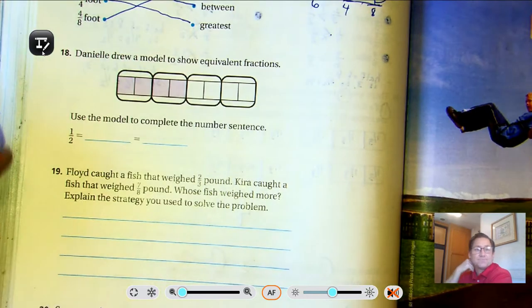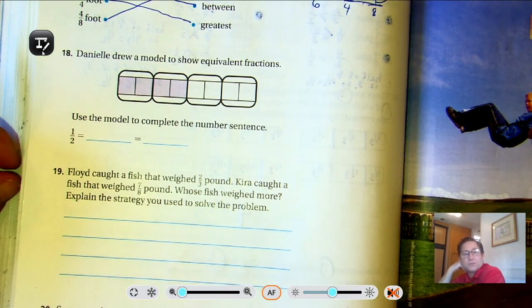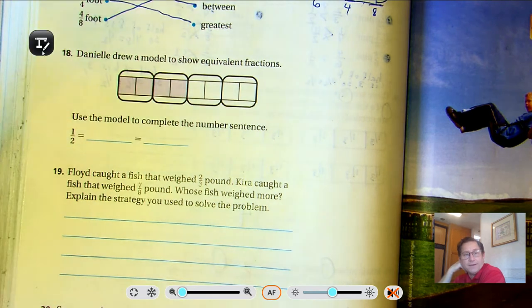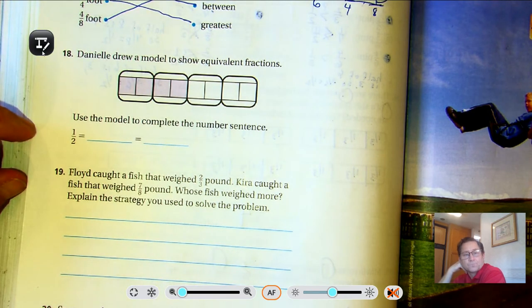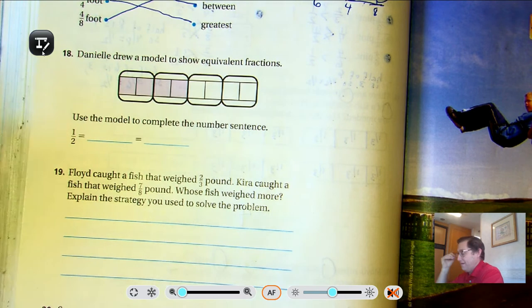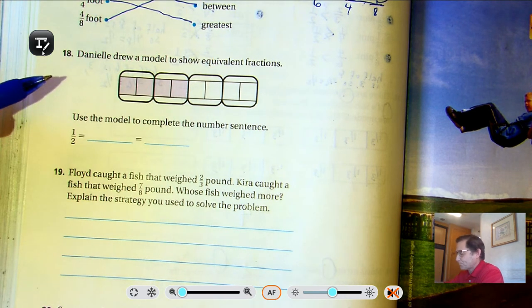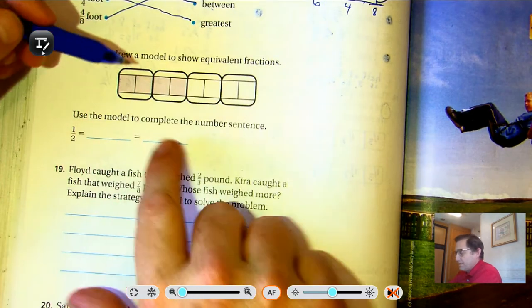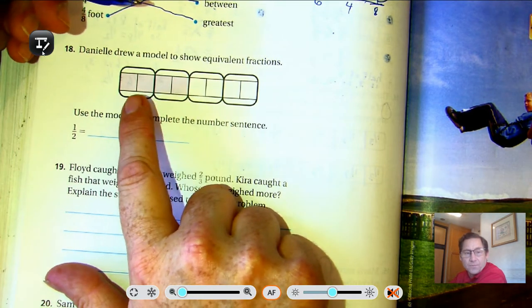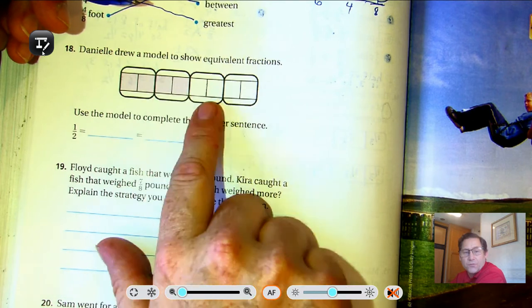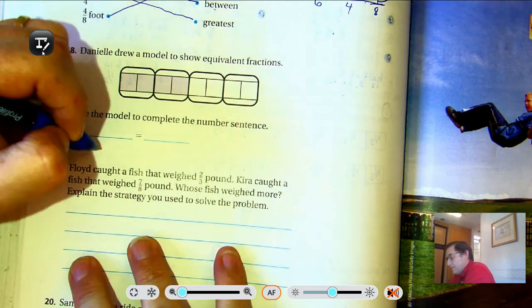All right, number 18. Danielle drew a model to show equivalent fractions. One half. Okay, let's look at the number of groups. 1, 2, 3, 4.